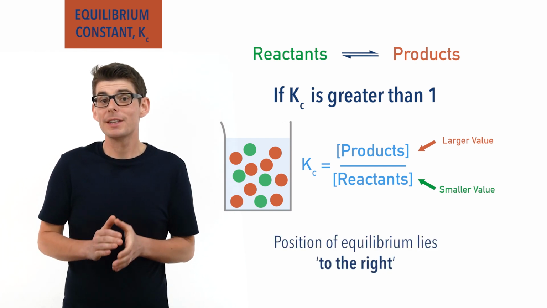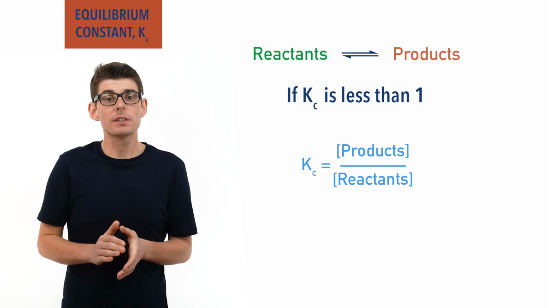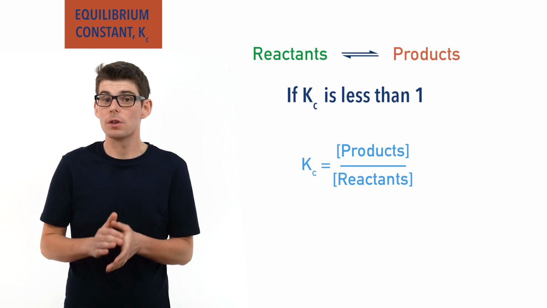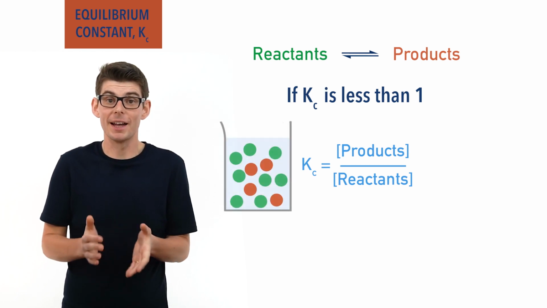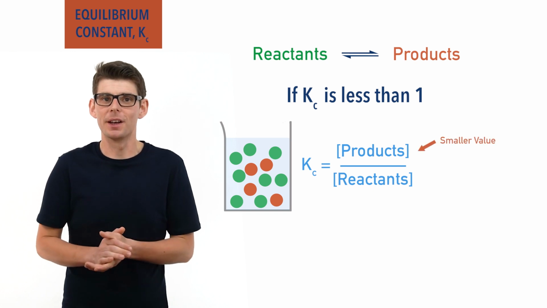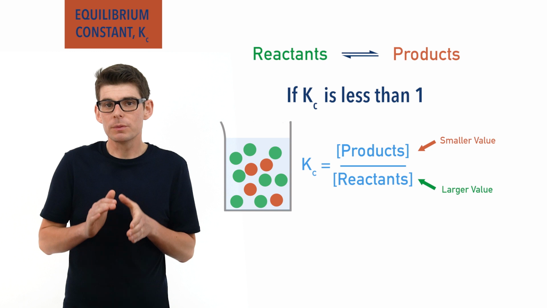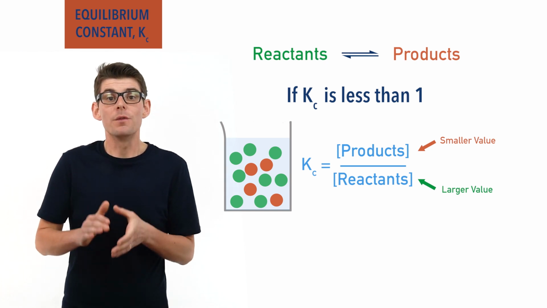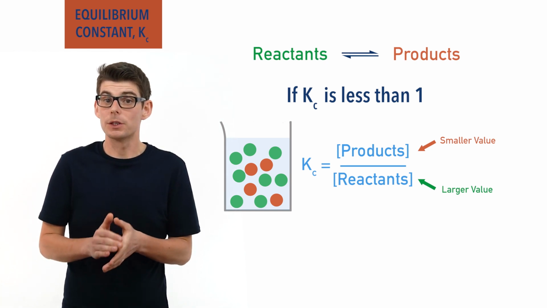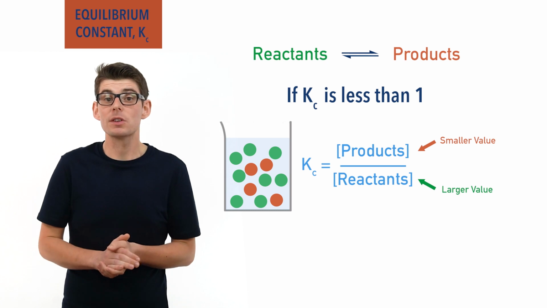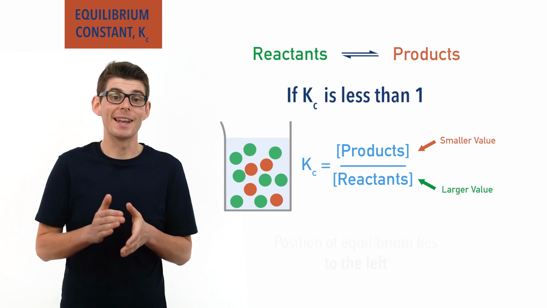If the value calculated is less than 1, this means there is a higher concentration of reactants than products, as a smaller value divided by a larger value will always give a value less than 1. The smaller the value under 1, the more reactants there are compared to products, and the more the position of equilibrium lies to the left.